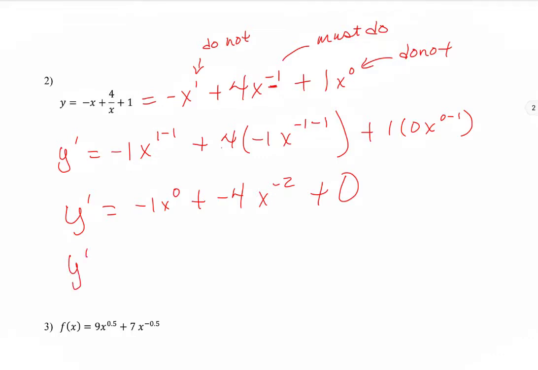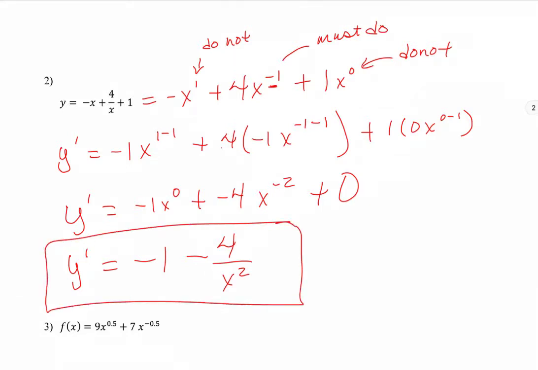So y prime, and this is going to be my final answer, is minus 1 minus 4 over x squared, and that goes away. So this is what I'm expecting your final answer to be. Okay? Because I started out with x in the denominator, I must end with x in the denominator. Okay?